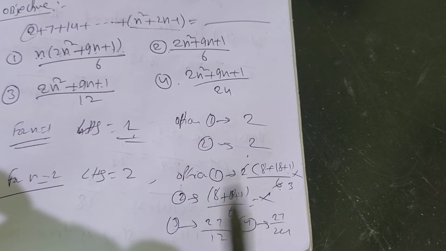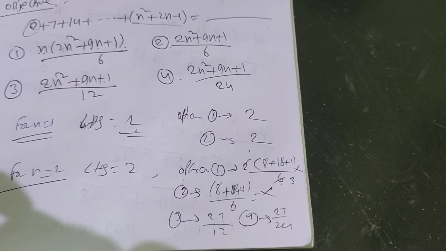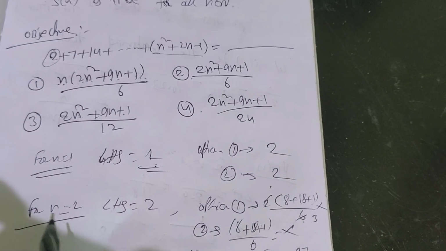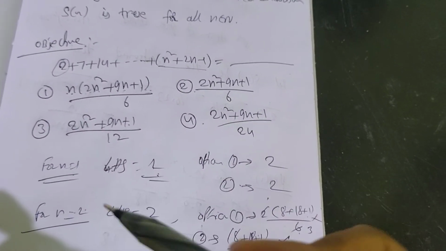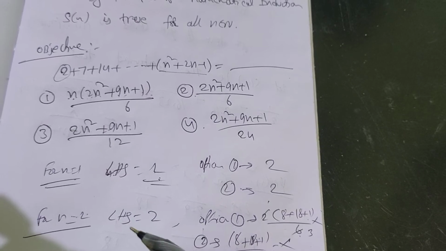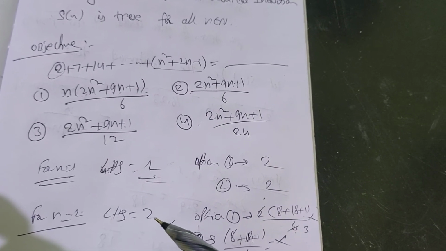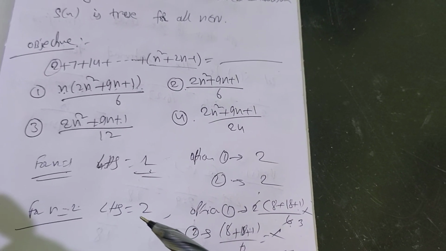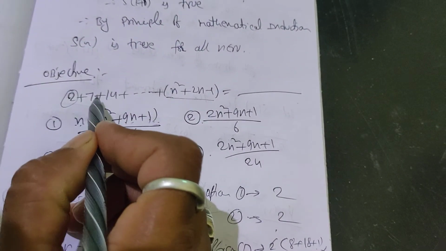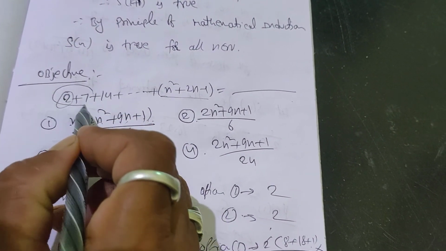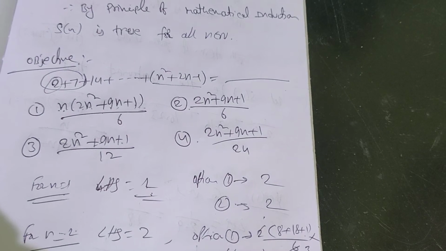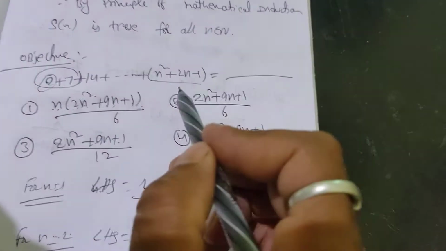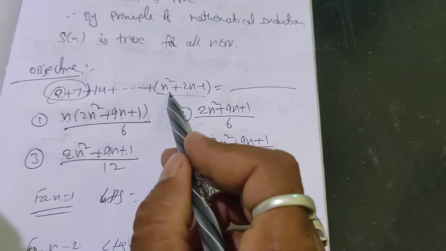But you did one thing wrong here. What is that? For n equal to 2, actually for better understanding, I took it wrong: LHS equal to 2. Why? What should we have taken? LHS equal to 9. For n equal to 2, we have to consider up to 2 terms, the sum of 2 terms. Otherwise, in the nth term, you substitute n equal to 2.